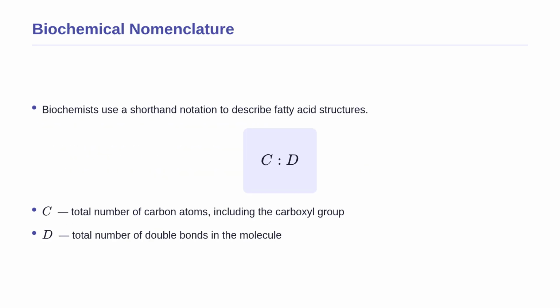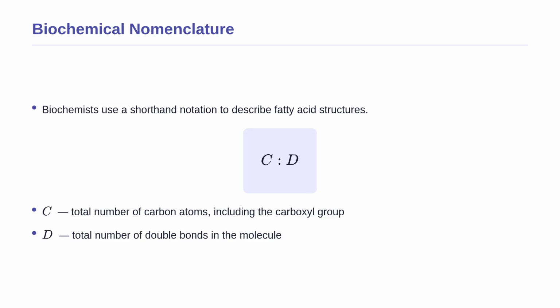To study these molecules efficiently, we need a universal language. Biochemists use a specific shorthand notation to describe the exact structure of any fatty acid without having to draw the whole molecule. The formula is C:(D). Here, C represents the total number of carbon atoms in the entire fatty acid chain, including the carbon in the carboxyl group.